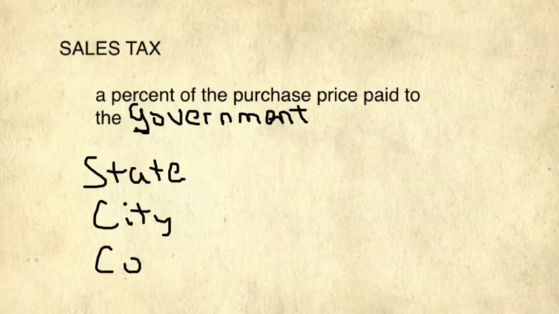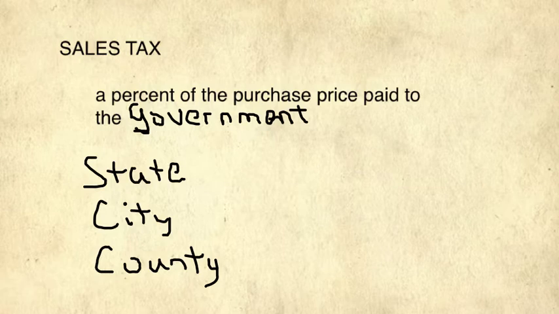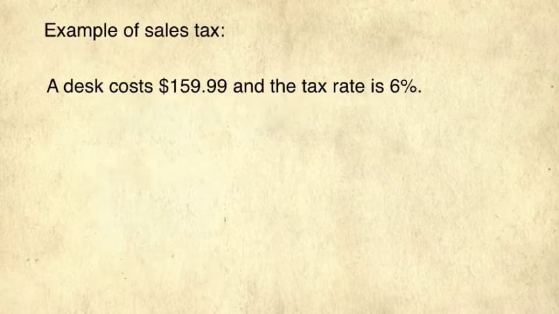We have county tax. Okay, so those can be different from state to state, from city to city. So taxes are one way of collecting money from individuals to help pay for things going on in the community or things going on in the state. And we can talk a little bit about those tomorrow when we discuss your notes.